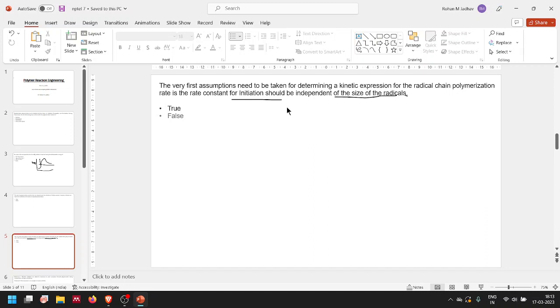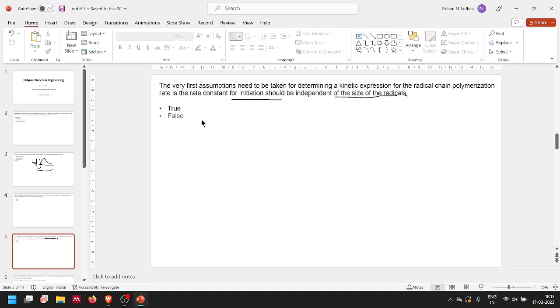So this is actually incorrect, because when we go back to the calculation of the rate constant for the radical chain polymerization reaction, the very first assumption is that the rate constants for propagation and termination are independent of the size of the radicals, not the initiation.